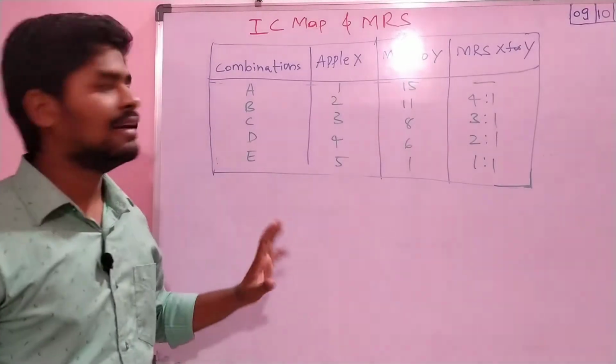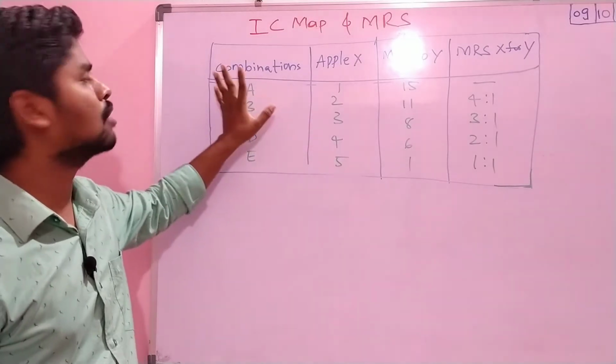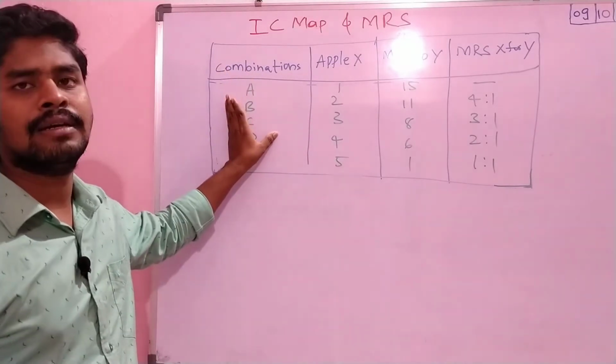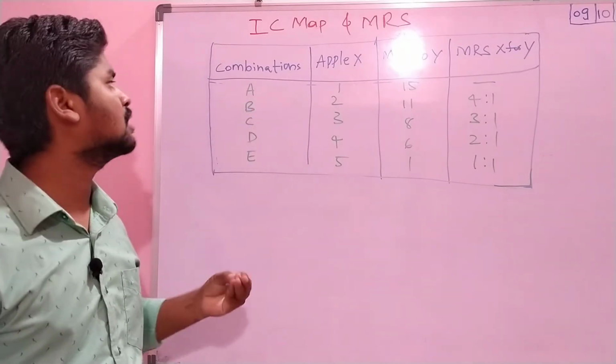Here we have already taken different columns. The first column is the different combinations of X and Y commodities that the consumer is going to consume.